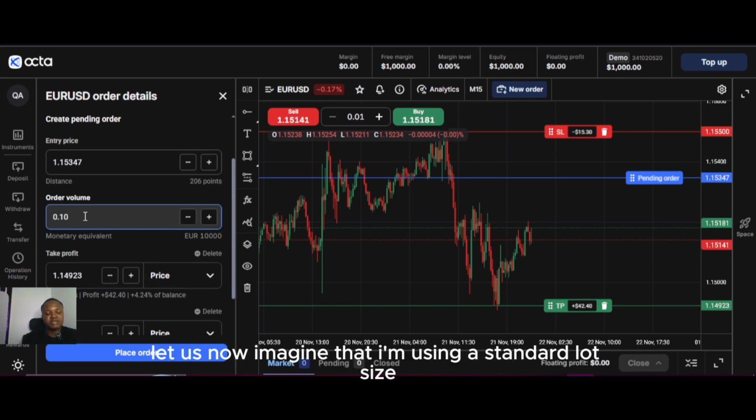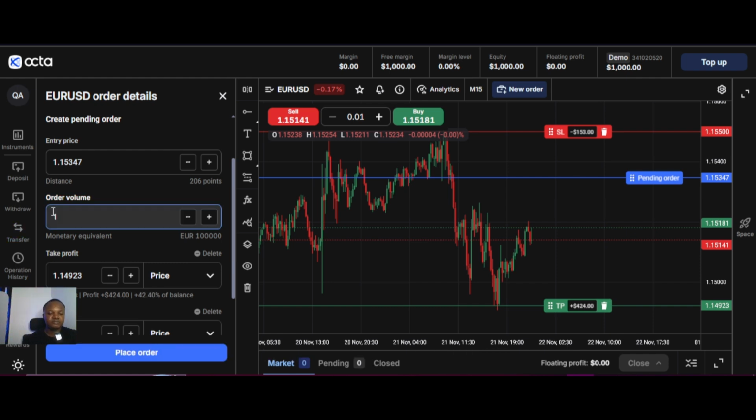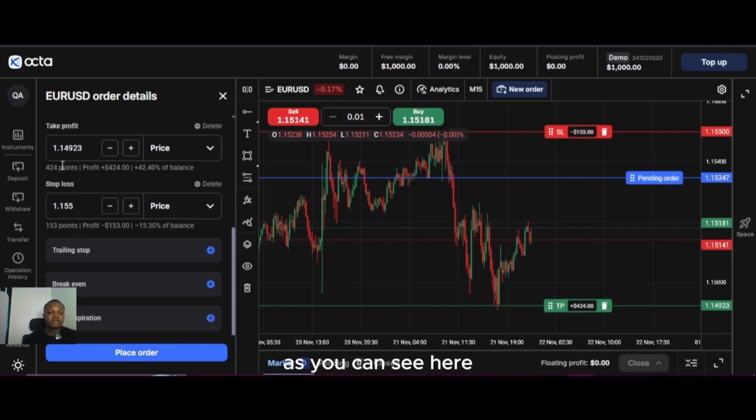Let us now imagine that I'm using a standard lot size. For a standard lot size, as you can see here, it says if the trade hits my take profit, I'm going to make $424. But if it hits my stop loss, I'm going to lose $153.